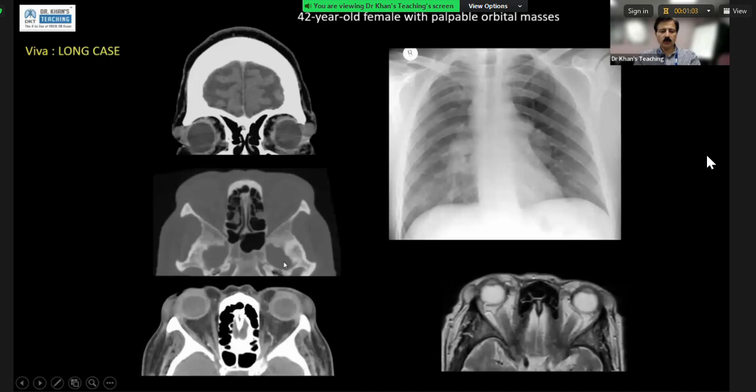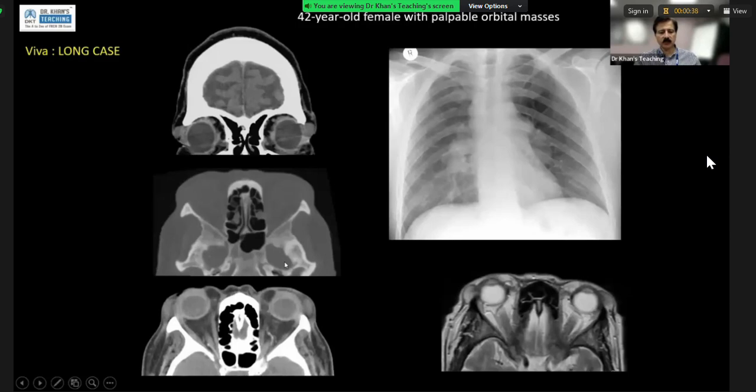So just to mention sarcoidosis, always remember, sarcoidosis can cause anything in the orbit. Sarcoidosis, of course, has a whole spectrum of radiological features. It can involve the globe, intraconal compartment, conal compartment, extraconal compartment.